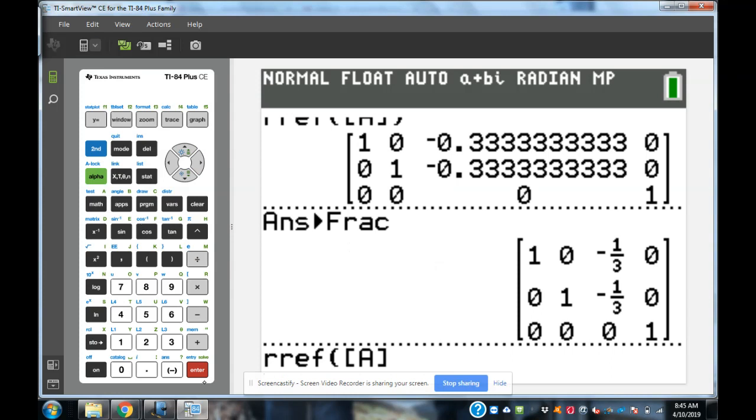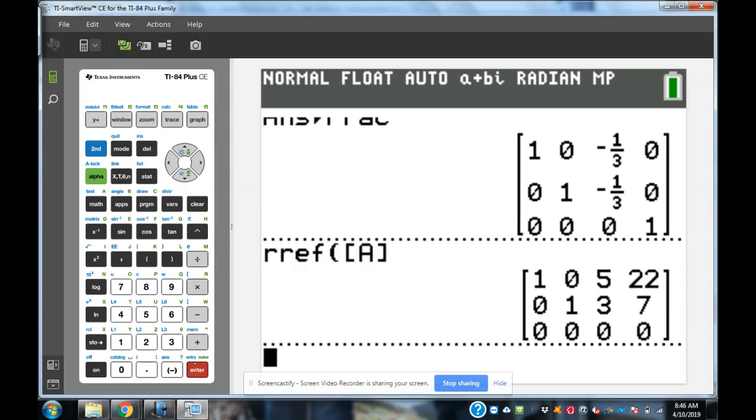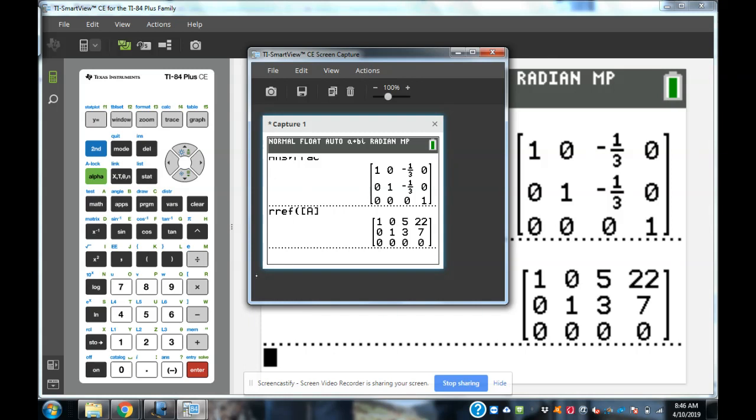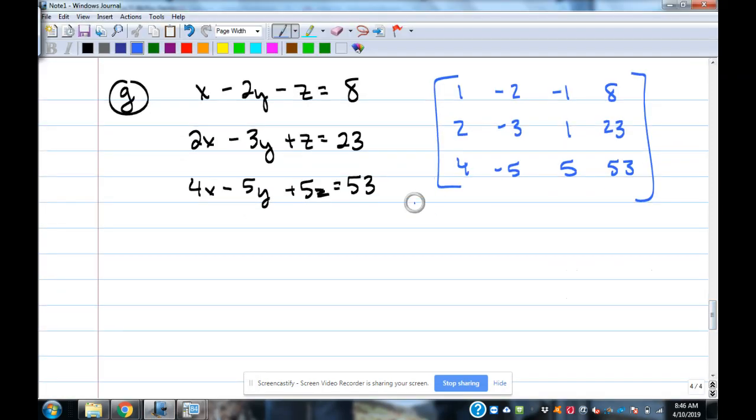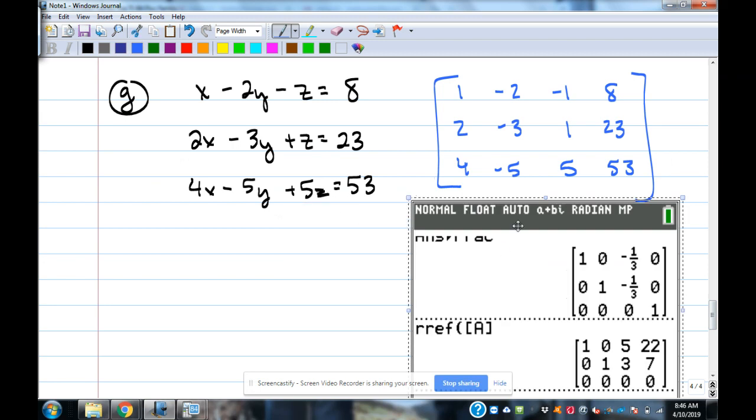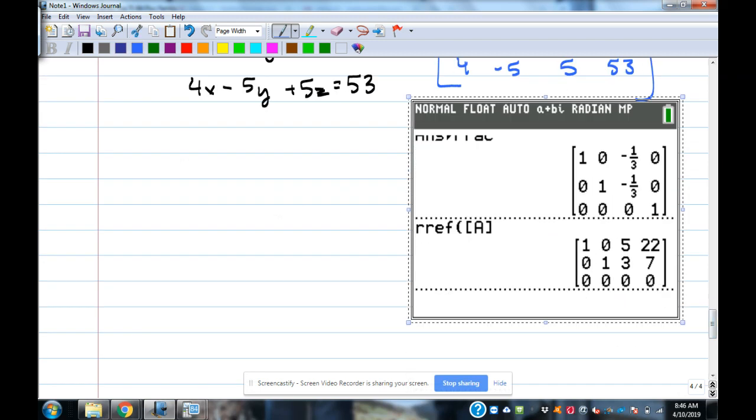What you got? Infinitely many solutions. See that bottom row is all zeros. So that tells us this is infinitely many solutions. That bottom row tells you what's going on if there's infinitely many solutions.